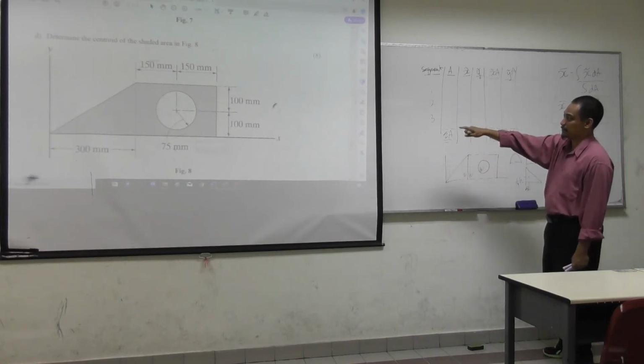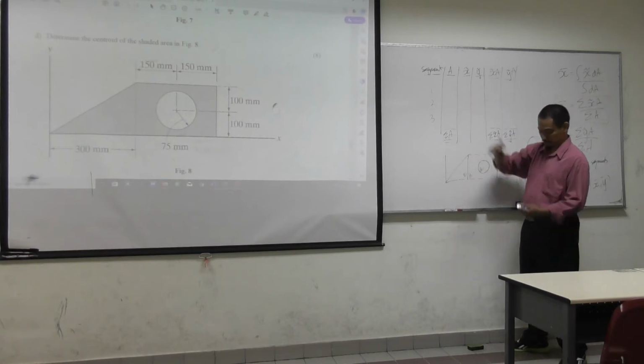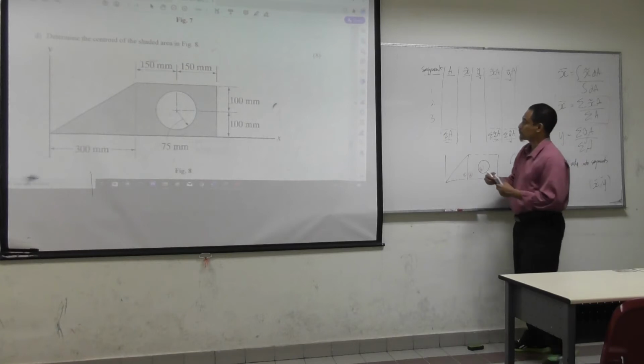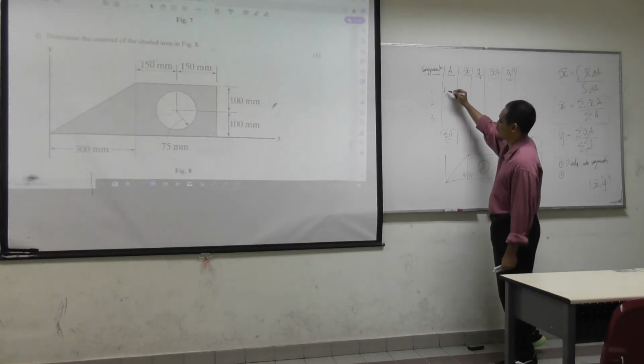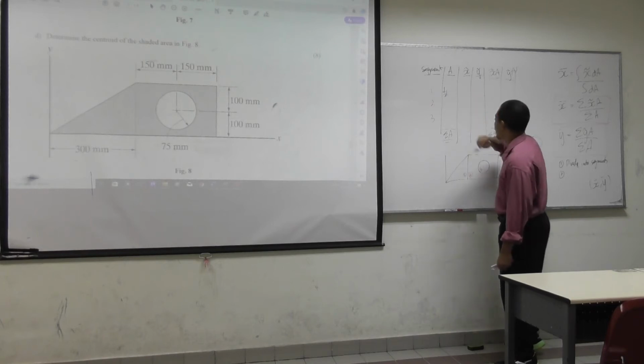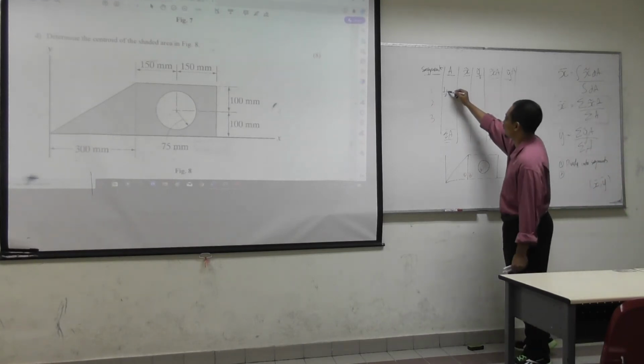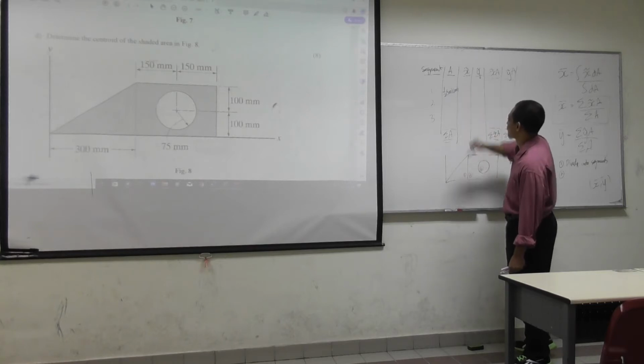This should be straightforward. For area 1, which is this triangle, what is the area? It's straight away half times 300 times 200, in millimeters.